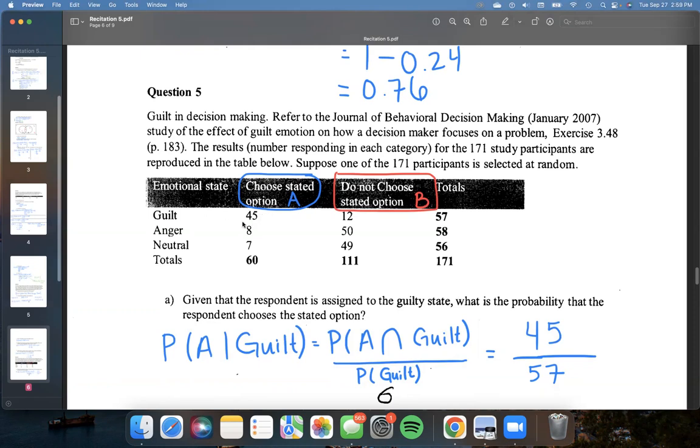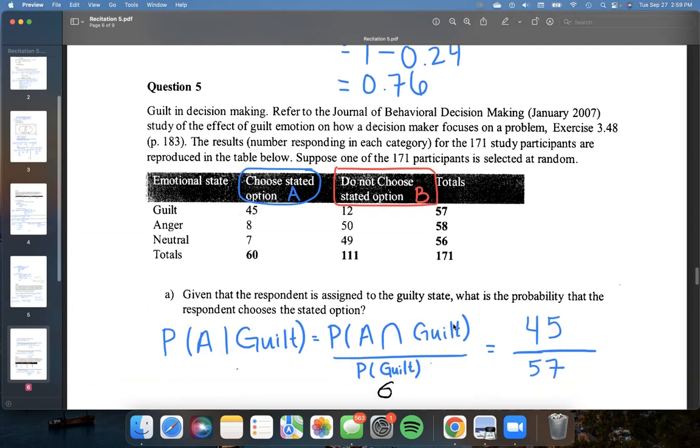So here we have 45. And then we're going to divide it by the probability of guilt. So the probability of guilt would be the total row of guilt. So that would be 57. So our answer would be 45 divided by 57.